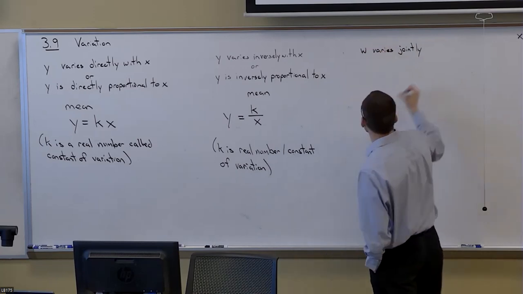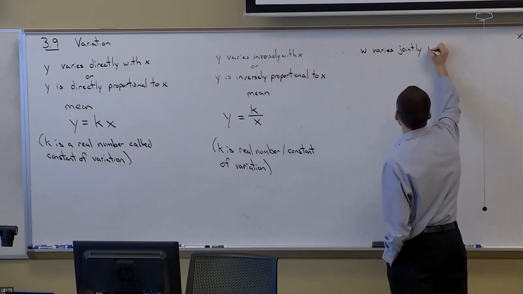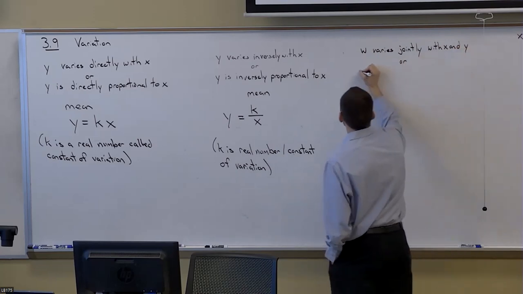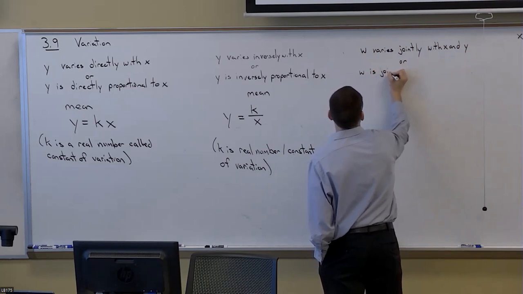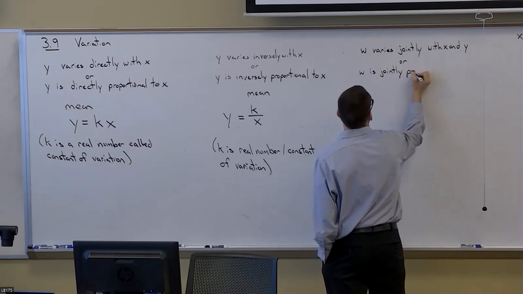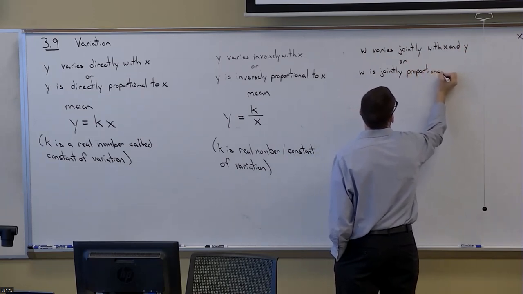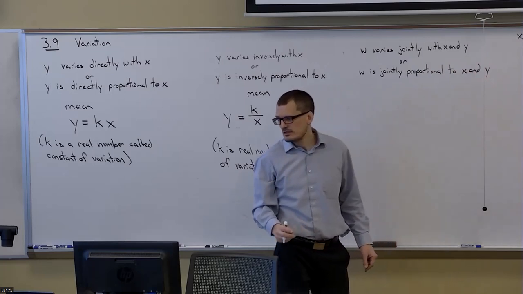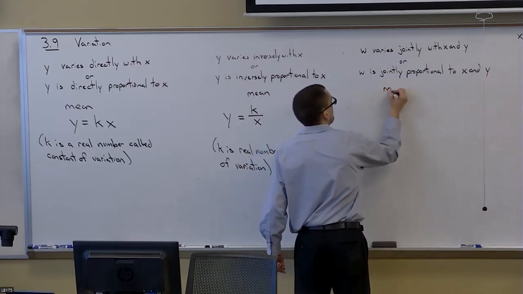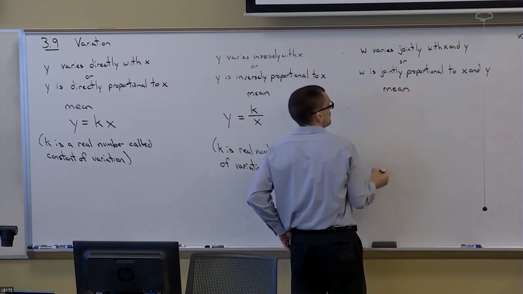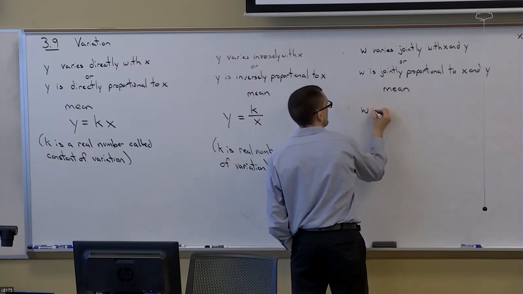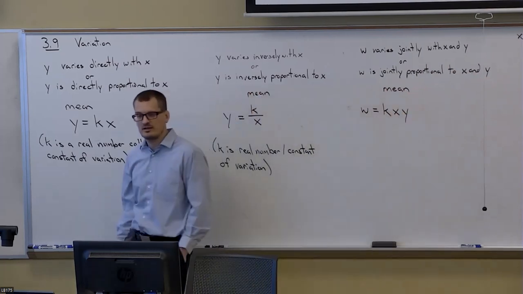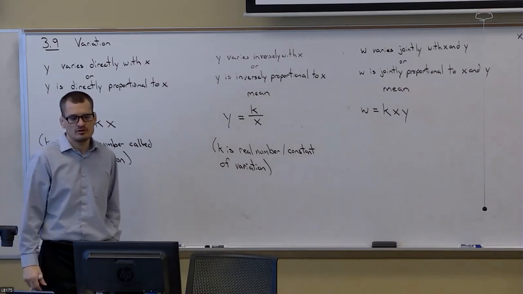W varies jointly with X and Y, or W is jointly proportional to X and Y. Both of those phrases, jointly proportional or varies jointly, both mean W is equal to my constant of variation, and then times X and also times Y. The jointly just means both multiply.